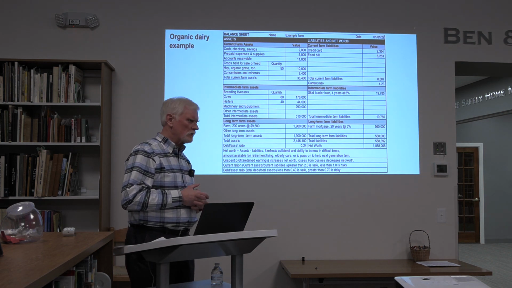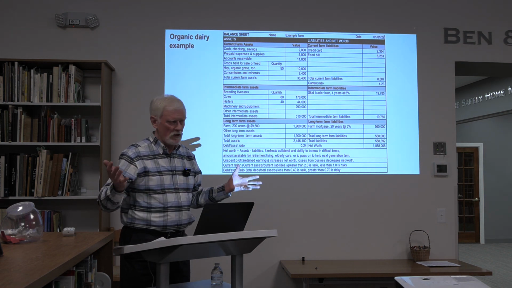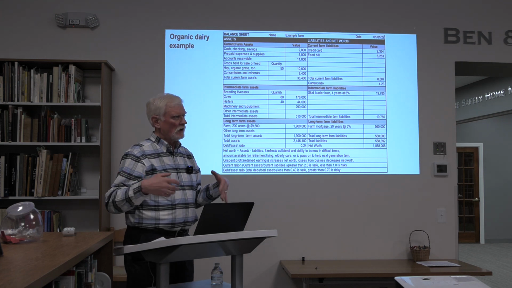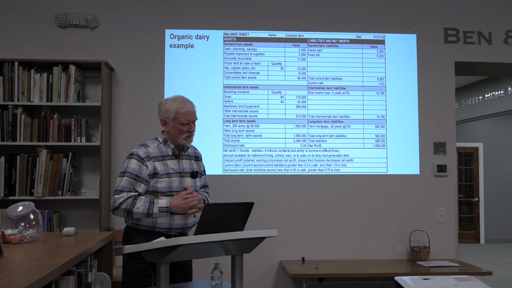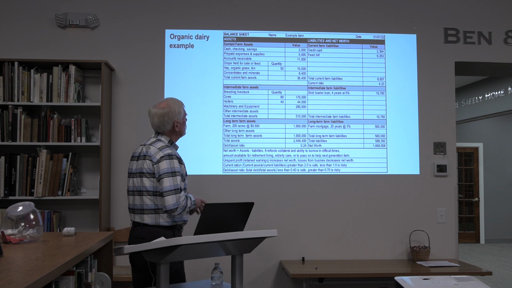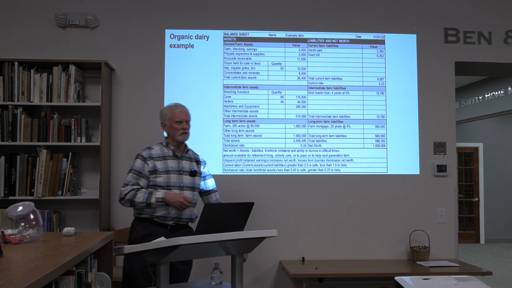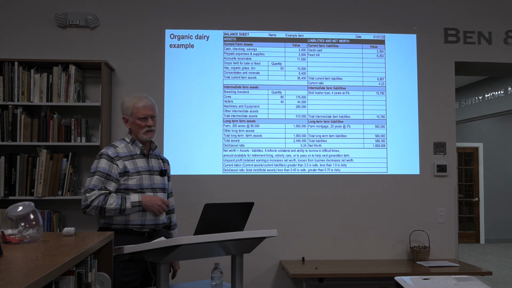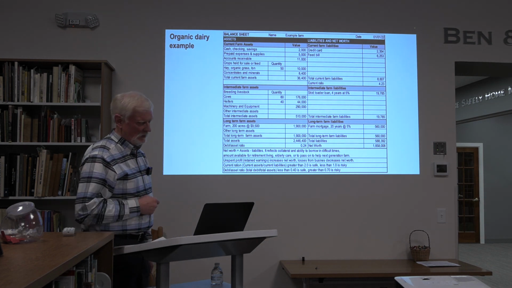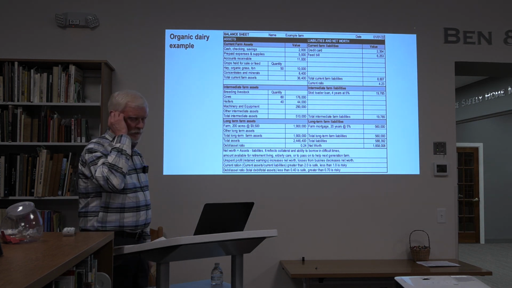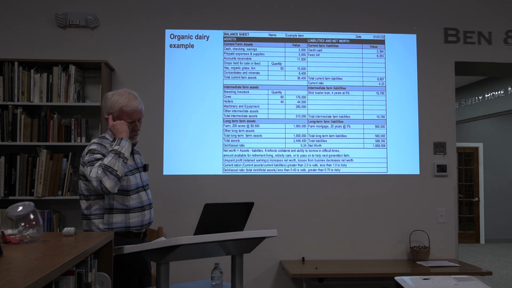And I'm going to probably collect it in the next few days or weeks. Okay, so that's money I'm going to get. That's a current asset. For example, this is a dairy farm. That $11,000 would probably be the milk check that hasn't come in the mail yet, or hasn't been deposited in the bank account yet. All right, so that's an account receivable from Organic Valley or Horizon or whatever.